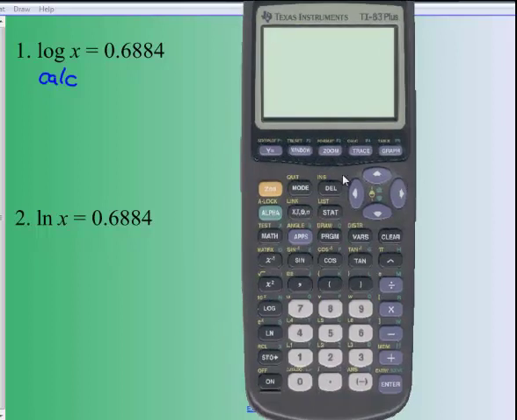It's not asking me to take the log, it's asking me, if you remember, to anti-log. So, second function, log, gets me the anti-log of 0.6884. And there's my answer, and I'll round it to the nearest hundredth just to make life easier.